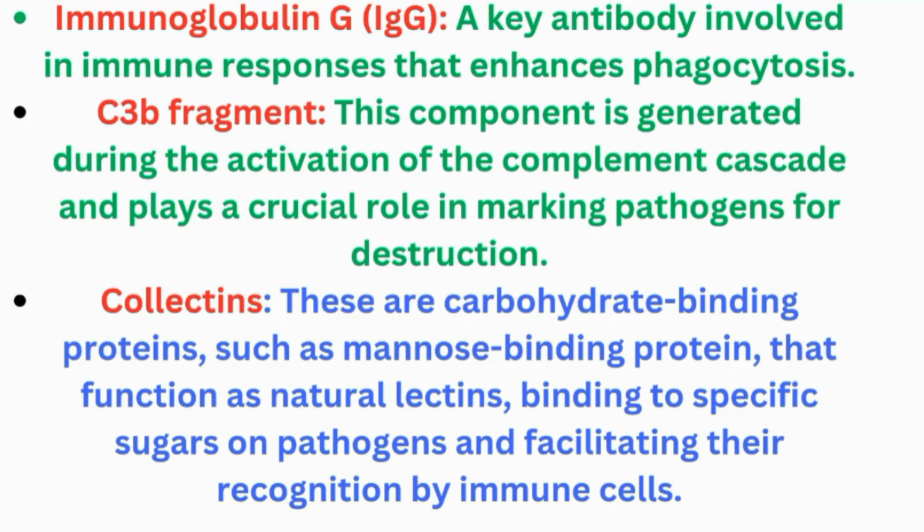This component is generated during the activation of the complement cascade and plays a crucial role in marking pathogens for destruction. Then we have collectins. These are carbohydrate-binding proteins such as mannose-binding protein that function as natural lectins, binding to specific sugars on pathogens and then facilitating their recognition by immune cells, by white blood cells.